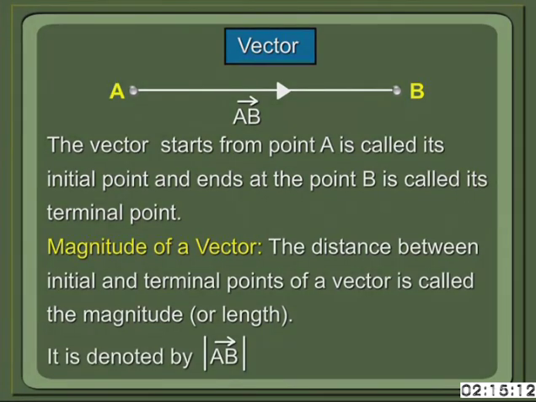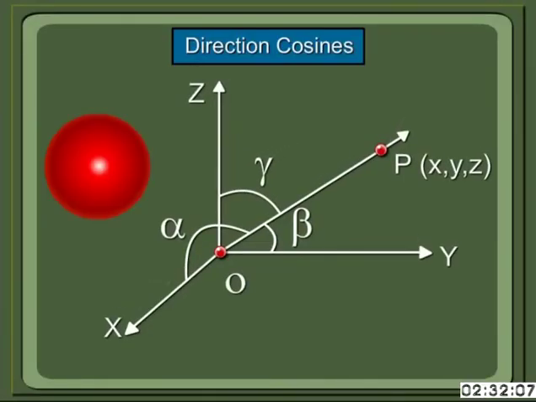Magnitude of a vector: the distance between initial and terminal points of a vector is called the magnitude or length. It is denoted by mod of vector AB. Direction cosines: the angles alpha, beta and gamma made by the vector R with the positive directions of x, y and z axis respectively are called its direction angles.